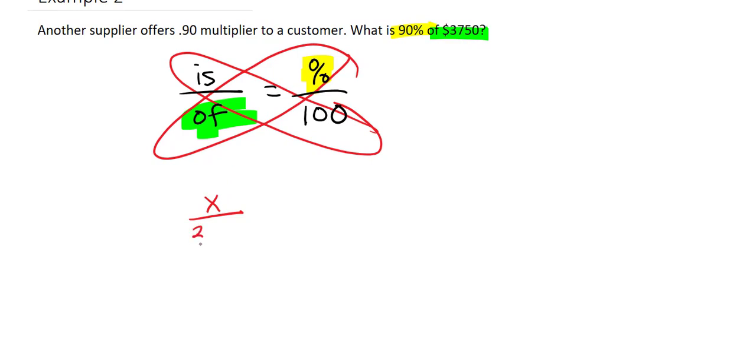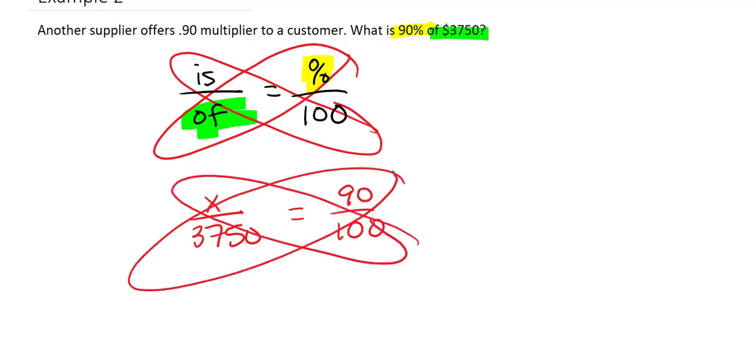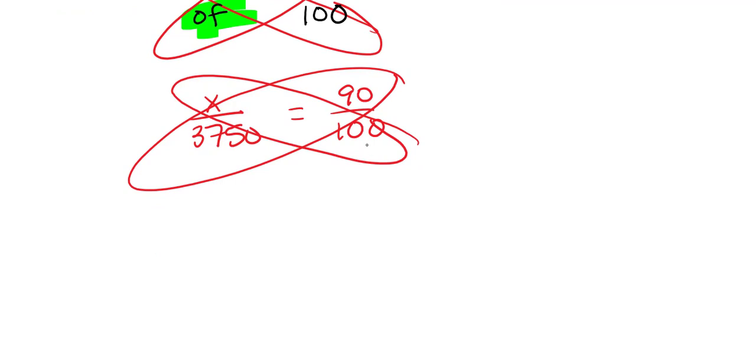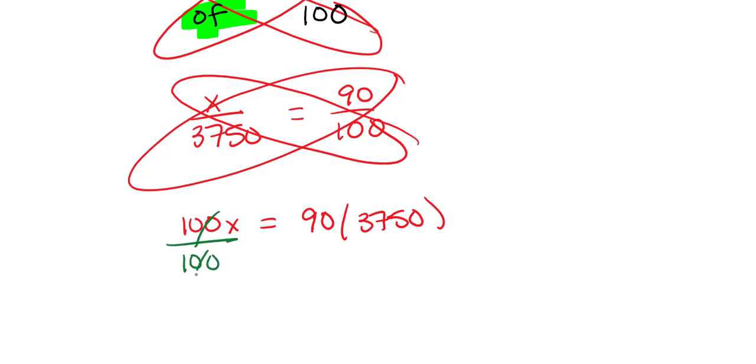This time we have x over 3,750, which is equal to 90 over 100. Just like we did, we can go 100 times x, so 100x. And then we have 90 times 3,750. We need to get x by itself, so we divide by 100 on both sides.